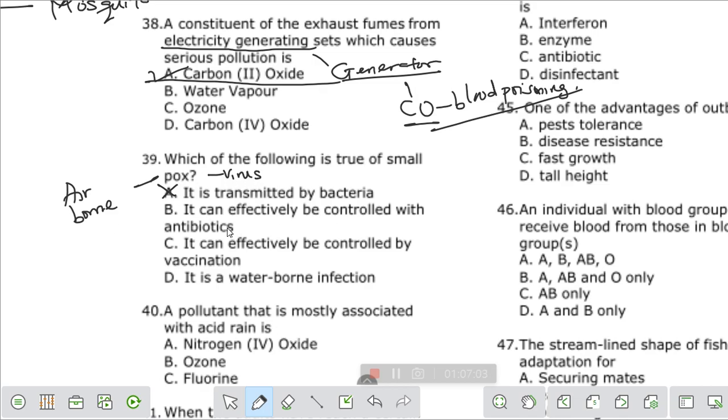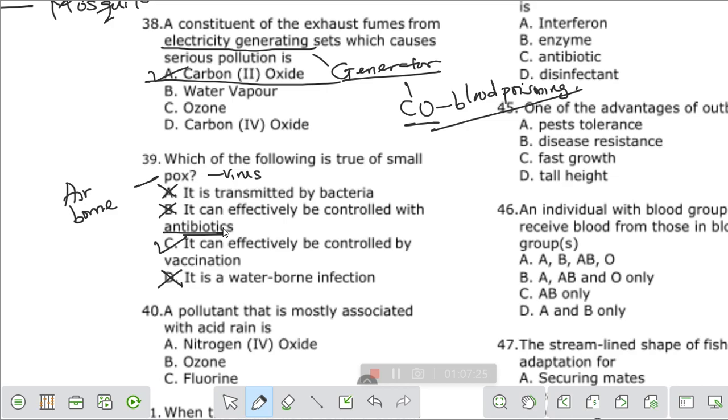Right. So now look at all the options given to you. Which of the following is an acid anhydride? So the answer is nitrogen IV oxide, NO2. When you add it with water, it will form two acids, HNO2 and HNO3. So these are the things that will come out in the form of acid rain. So the pollutant that is mostly associated with acid rain is nitrogen IV oxide.